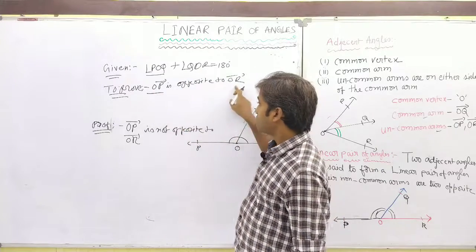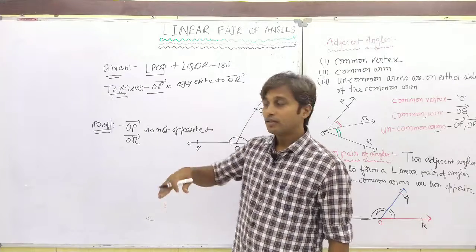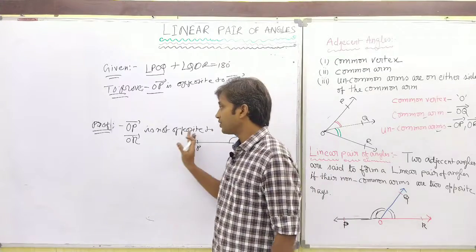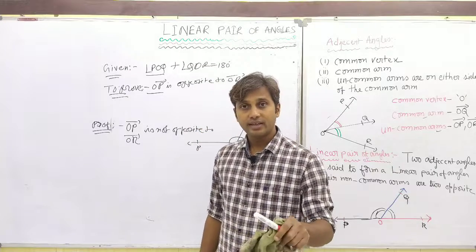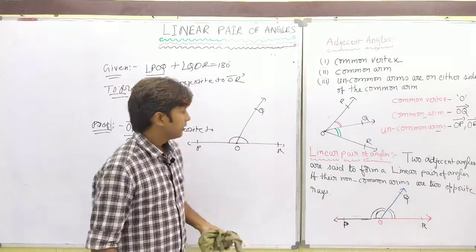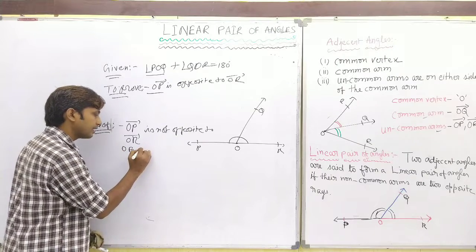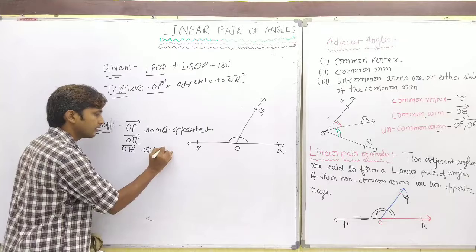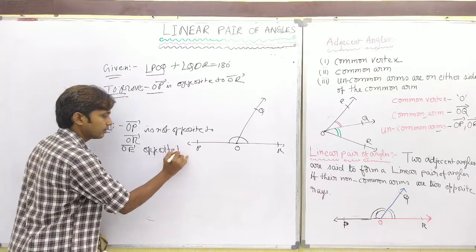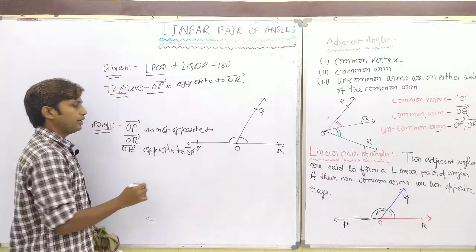Here we need to prove opposite, but we took the reverse statement that OP is not opposite to OR. That means there exists some other ray, like some OE. Means we have to take that OE exists. OE is opposite to OP.